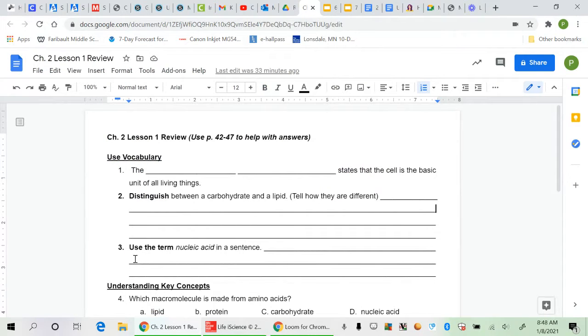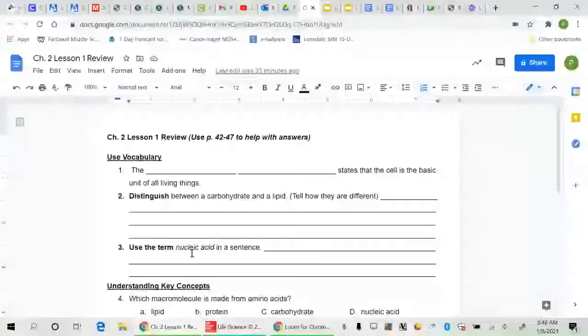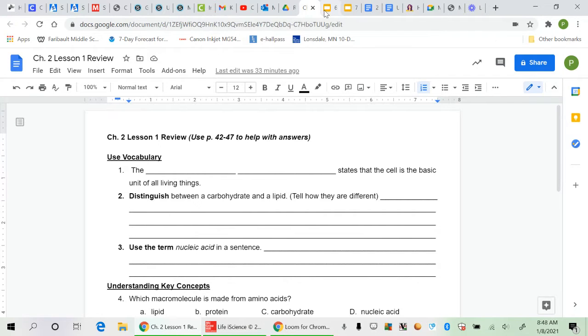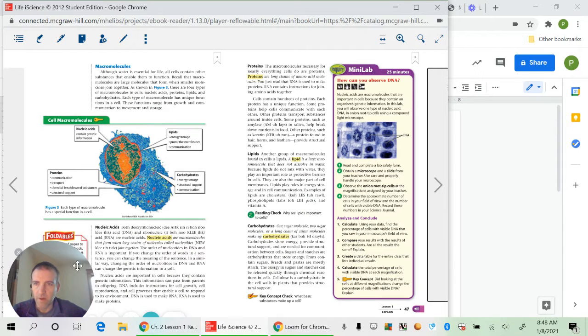Question 3 says, use the term nucleic acid in a sentence. You need to go find that term, nucleic acid, either in your lesson outline or in the textbook. It can be found on page 46. Right here, we've got 2 paragraphs that talk about nucleic acids. Try to form your own sentence about nucleic acids.